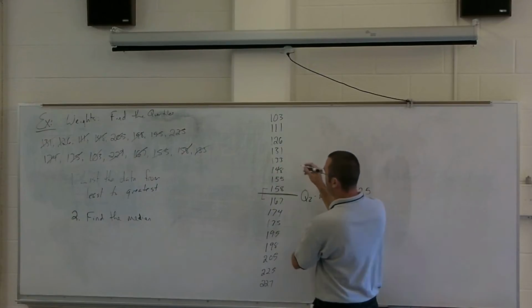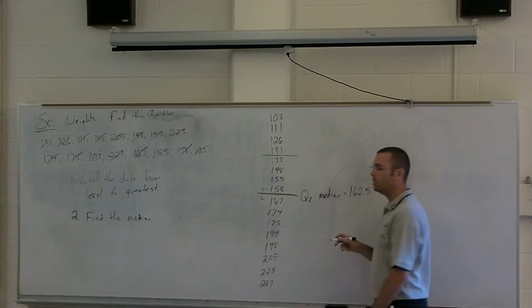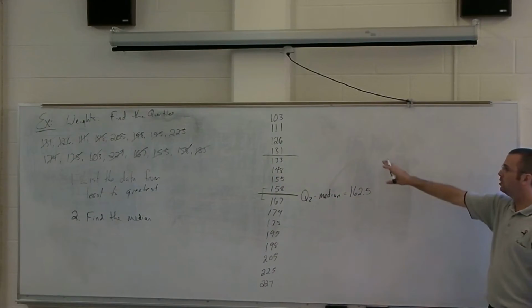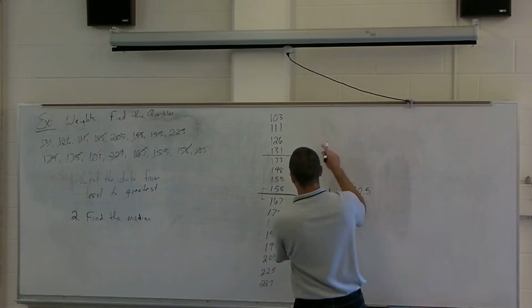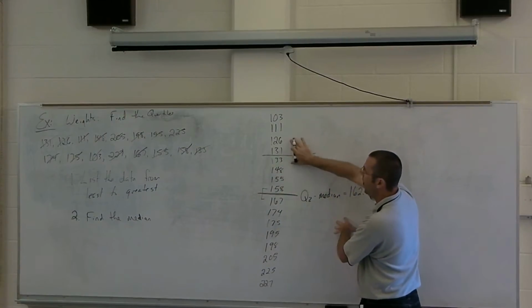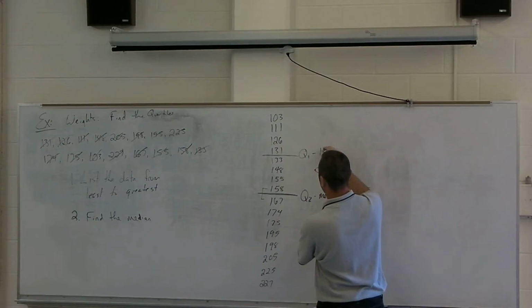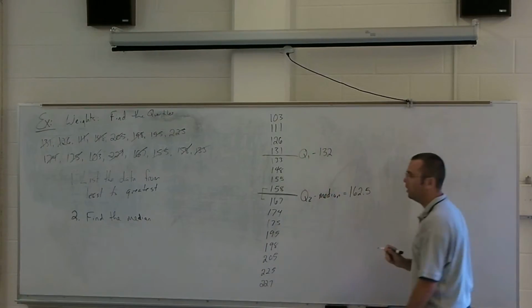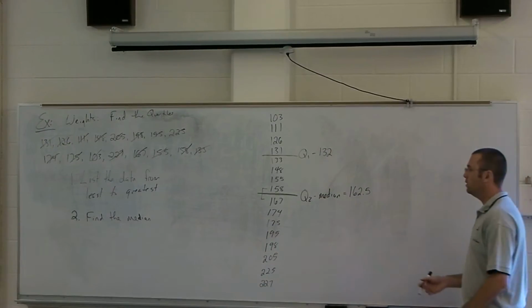The lower 25% is going to be the halfway point of the lower 50%. So here, our Q1 is going to be the median, or the halfway point, of our lower 50%. In this case, it ends up being 132. Right? So we have Q1.